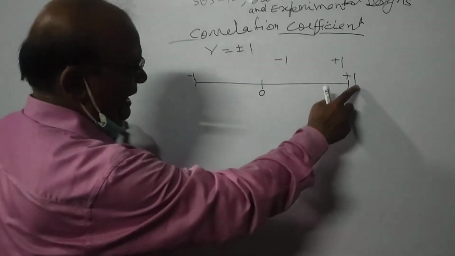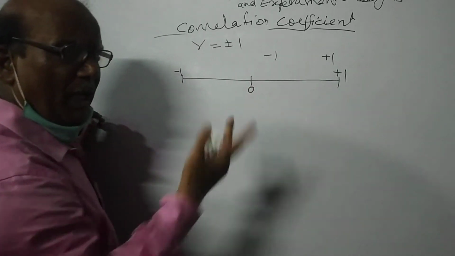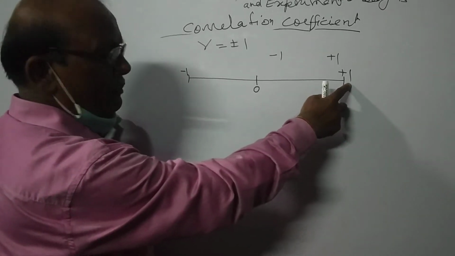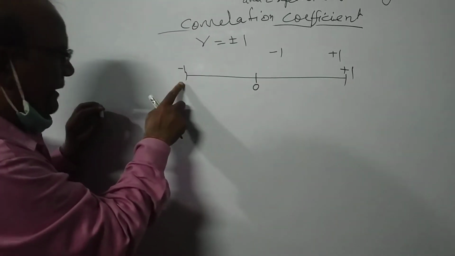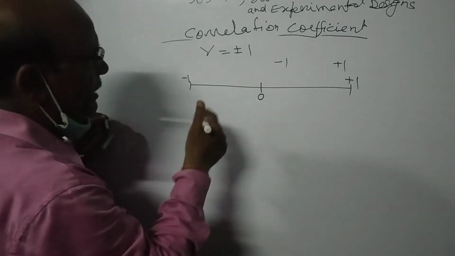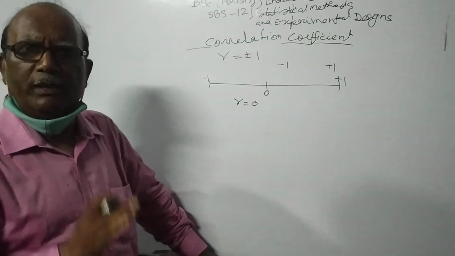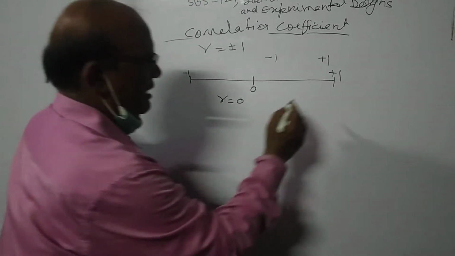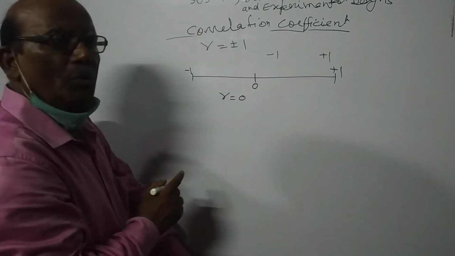Plus 1 means perfect positive correlation, minus 1 is perfect negative correlation, and this is 0. If r equals 0, it means no relationship between the two variables; they are uncorrelated. If r is greater than 0 and less than 1, the correlation is positive.